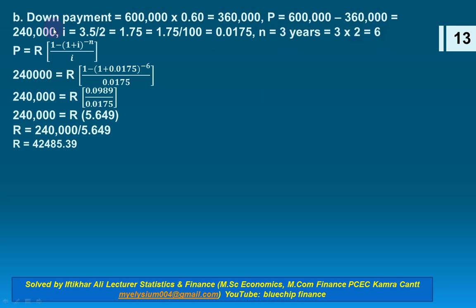And now we put the values in the formula. We want to calculate the present value, so 240,000 is the present value, and R is the payment which is missing. After putting the values in this formula, 1 minus (1 plus i) raised to the power minus n, divided by i, the result is 42485.39.